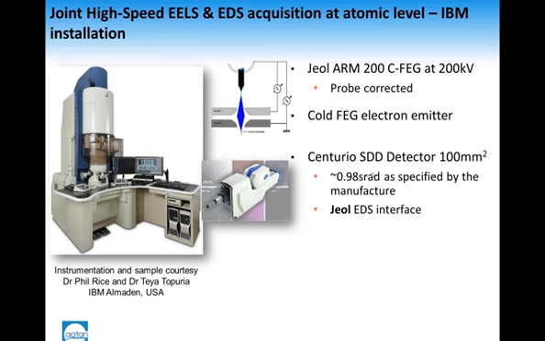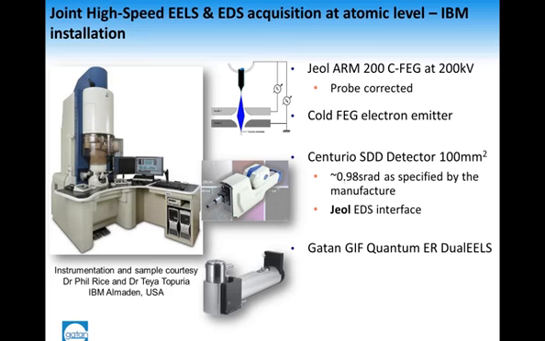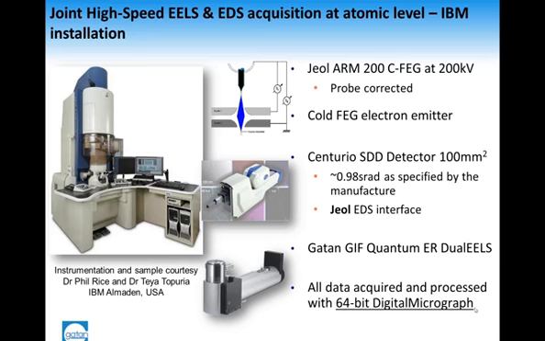The solid angle as specified by the manufacturer is 0.98 steradian, so it's a pretty big EDS detector. EELS data were taken using a Gatan GIF Quantum ER, in DualEELS mode in some cases. All data were acquired and processed using Gatan Digital Micrograph, 64-bit.